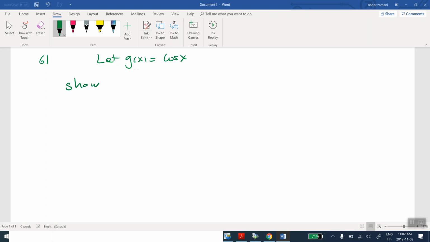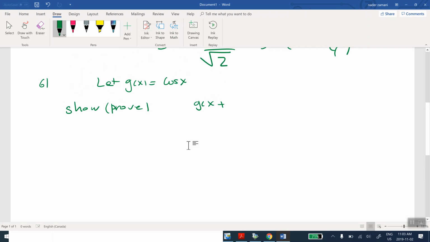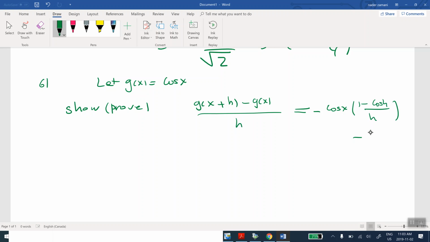Show, or prove, very word, that g of x plus h minus g of x divided by h is equal to minus cosine of x times 1 minus cosine of h divided by h, minus sine x sine h over h.